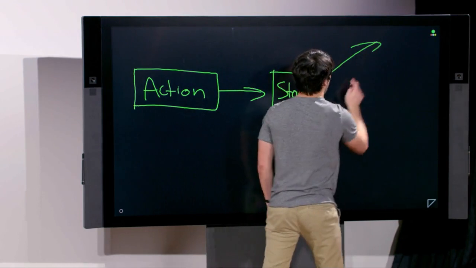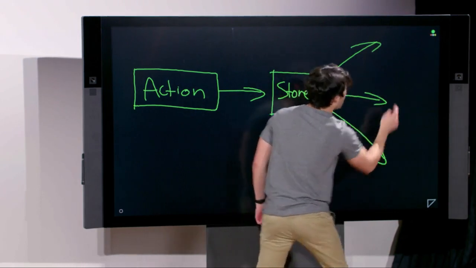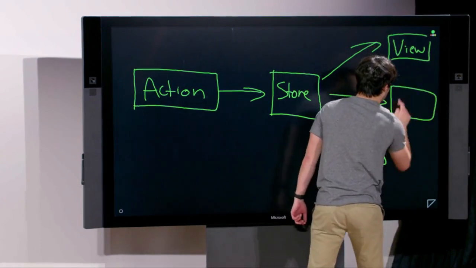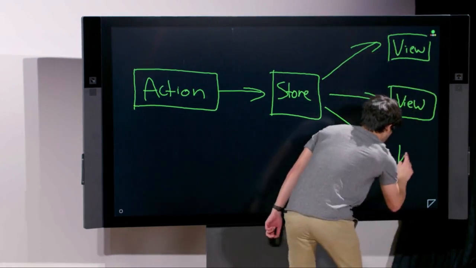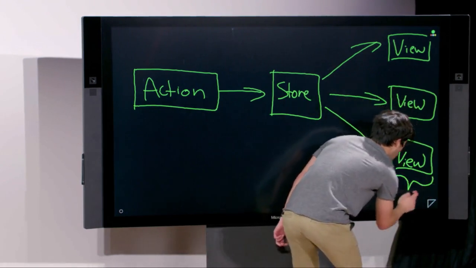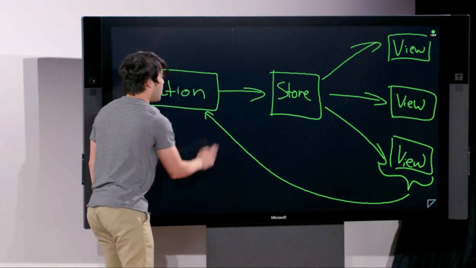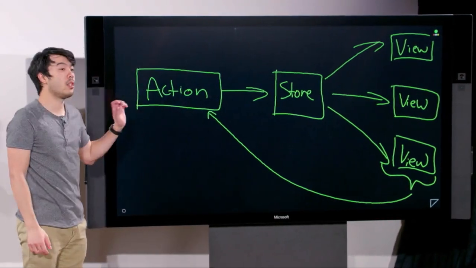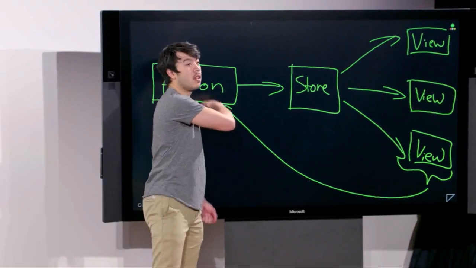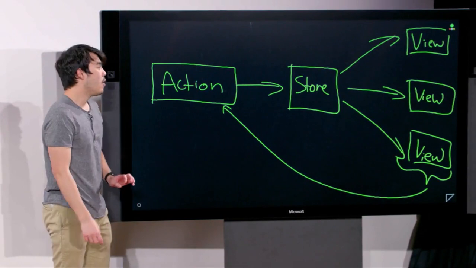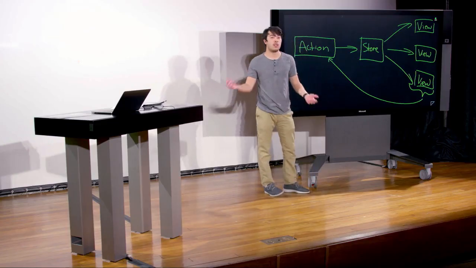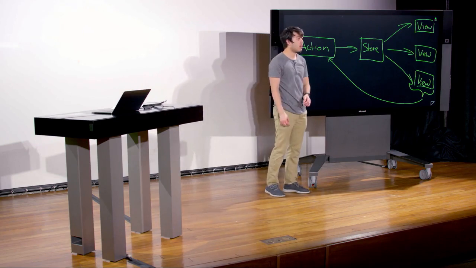And that will update any of its views. And those views with user interaction can trigger more actions. So it's a very similar diagram to Flux, and it's the exact same in that it's a unidirectional flow of data, but the main difference is here, where you have a singular store rather than a potentially large number of stores like in Flux.